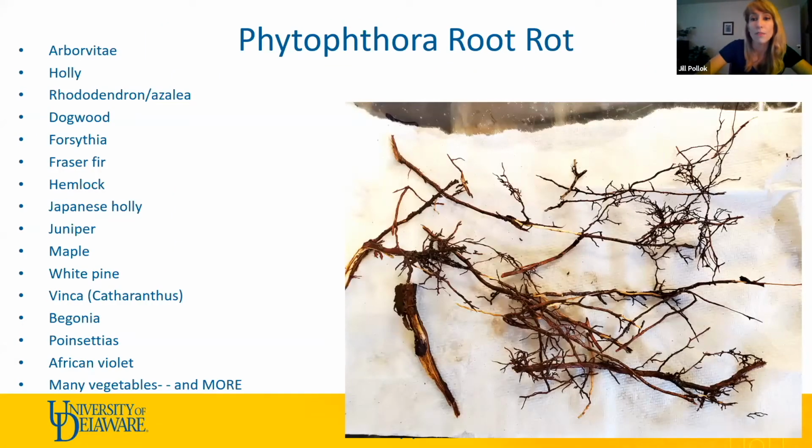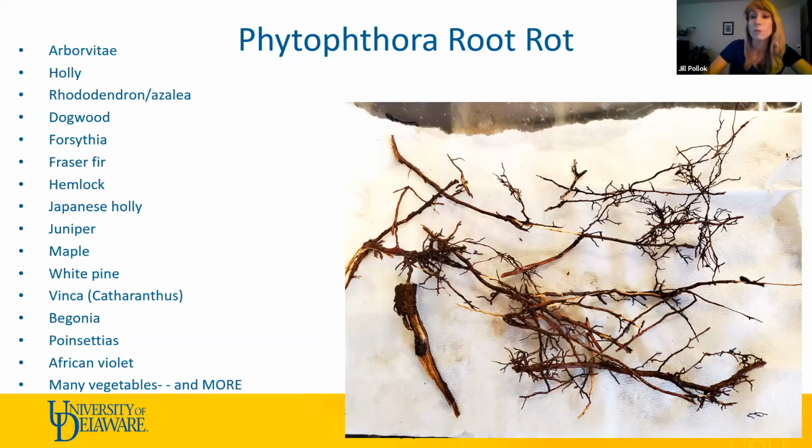Another root rot pathogen that you may have heard of is Phytophthora root rot. It has a ridiculously large host range. I've put some of the hosts to the left here, but there are more than that. I previously showed a picture of a plant dying on one side. If you have plants in a low area or area with low drainage and they die, it's likely that Phytophthora may have been involved.